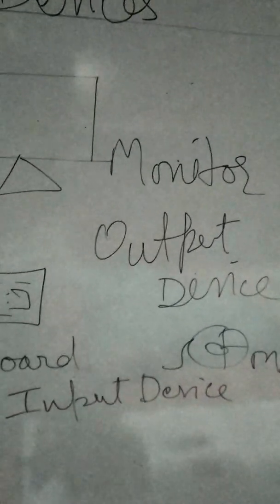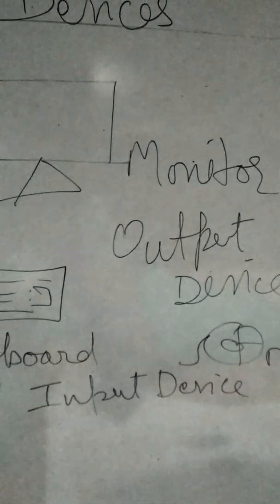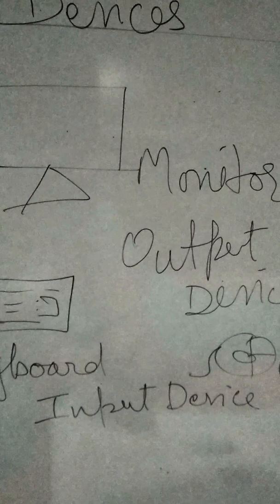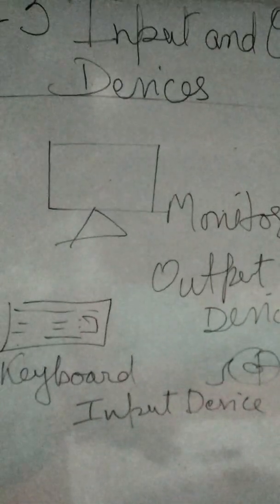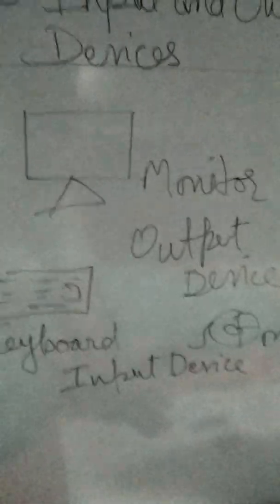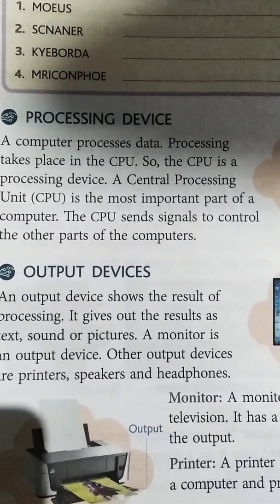So now we know what is an input and what is an output device. Now we will move to the processing device. It is also given in your book.